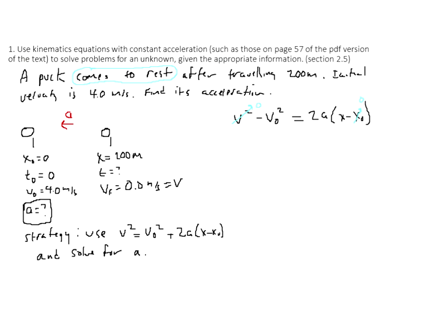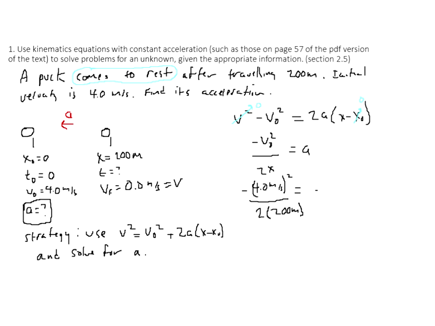So we need to solve for a, so we get negative v0 squared divided by 2x equals a. So negative v0 squared, negative 4 meters per second squared, divided by 2 times 200 meters.